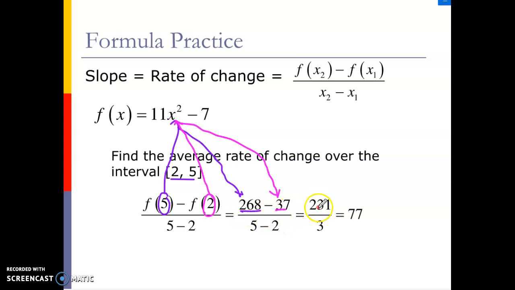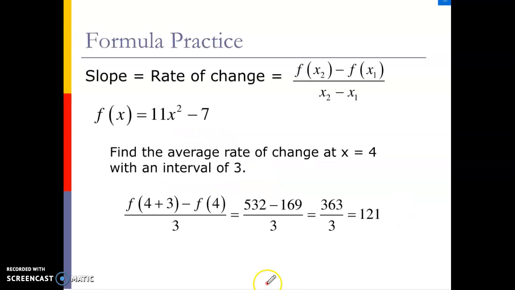Take the differences of the y's, take the differences of the x's, and reduce it. I got a 77. 77 is my rate of change, my slope. 77 is delta y over delta x, if you want to use that notation. Delta is just a way to say change. So change of y over change of x, and it's a fraction, a ratio. That's the first example.